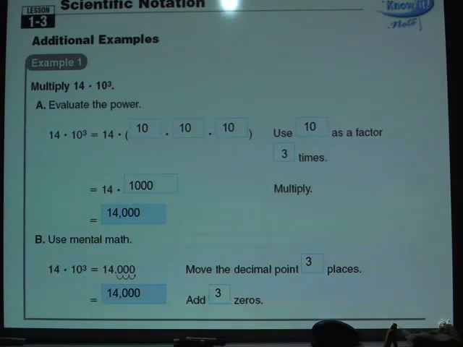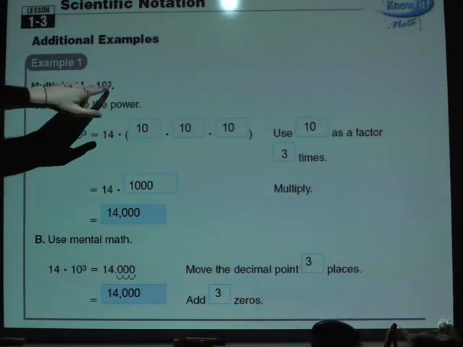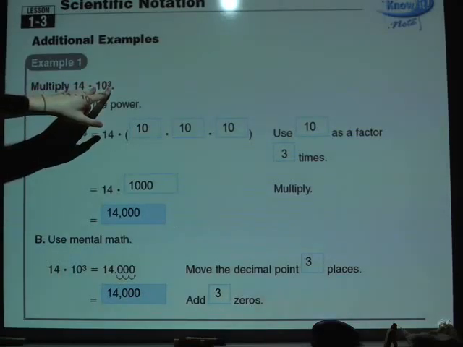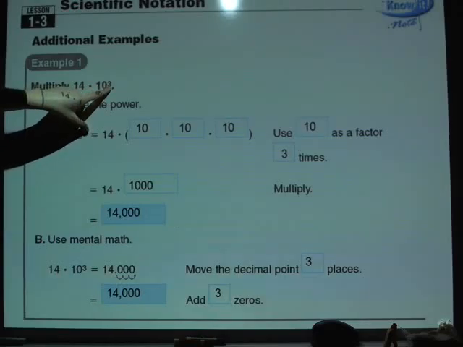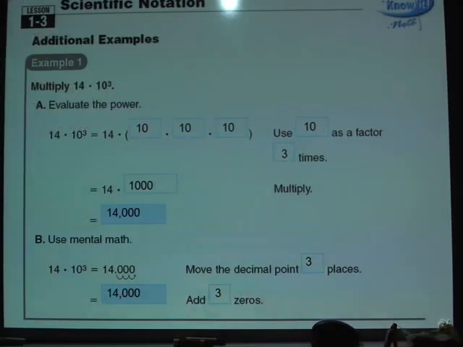Now, the nice thing is, when you have something written with a base of 10 and whatever exponent, that is the setup for scientific notation. And when that exists, this exponent all it really tells you is how many times you move the decimal out, in this case to the right.